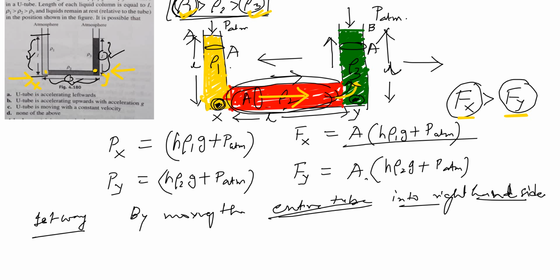Yes, sir. Here we can do one more thing. If we take this particular portion and this particular portion, these two portions, what is the force acting in the downward direction? Here we will see vertically only one pressure is acting, that is P atmosphere, which is acting vertically downward from these 2 points.